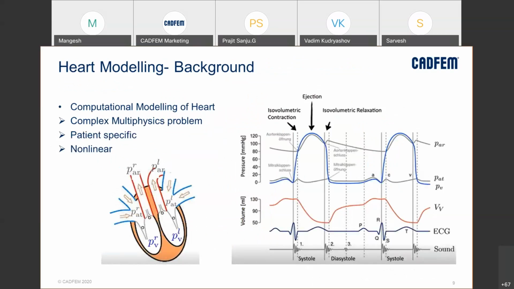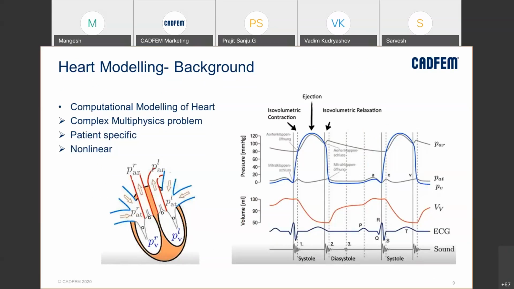So a particular case we'll be discussing would be... whenever we come across modeling a simple heart, it's going to be a complex task because of its complex behavior, or the overall mechanism, I would rather say.